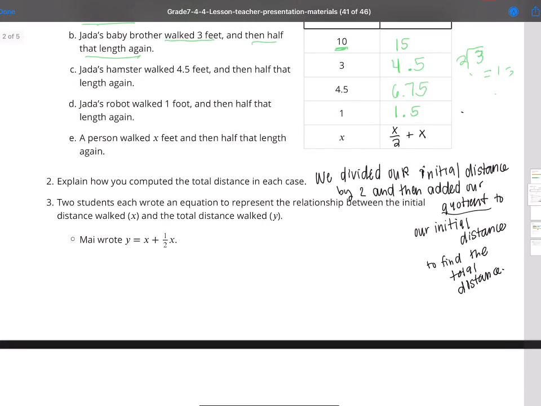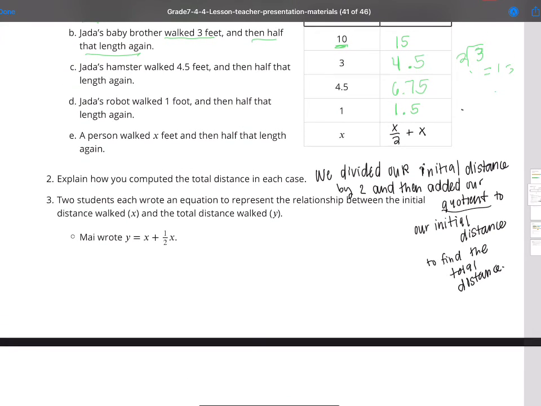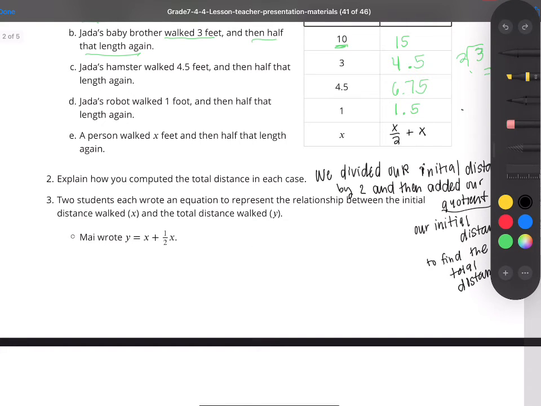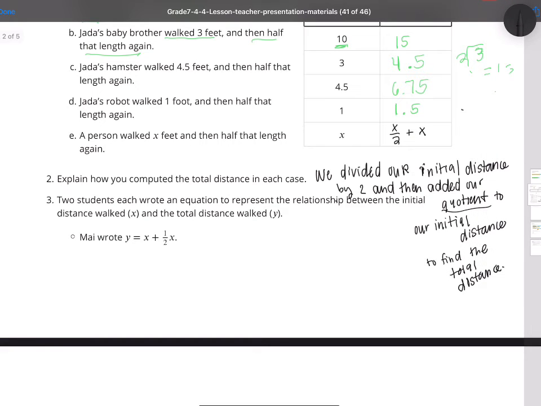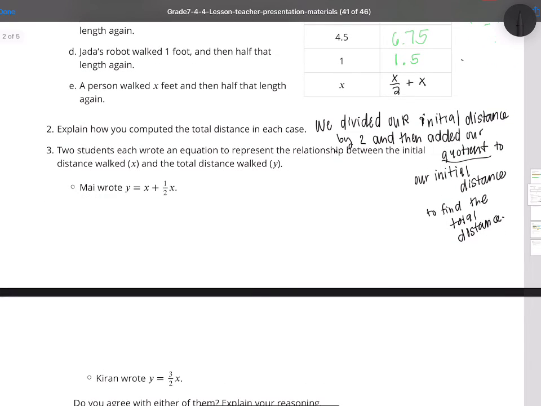But here's the reason why. We divided by 2. We said dividing by 2 is the same as multiplying by 1/2, correct? So isn't that May's equation?